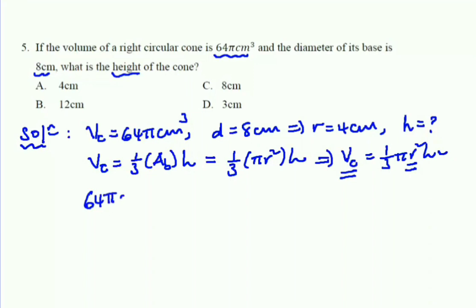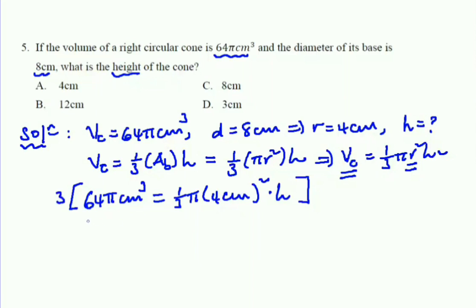64 pi centimeter cube is equal to 1/3 times pi r squared times h. So to avoid this fraction, multiply both sides by 3 so that we will get 3 times 64 pi centimeter cube is equal to, 4 square is 16, pi centimeter square times h.